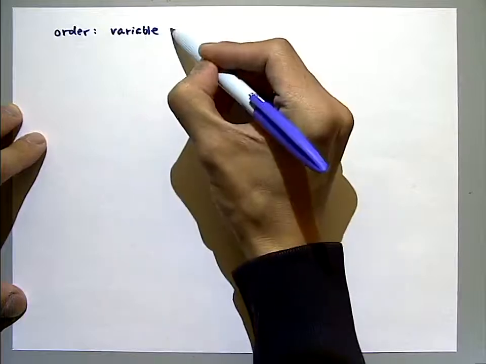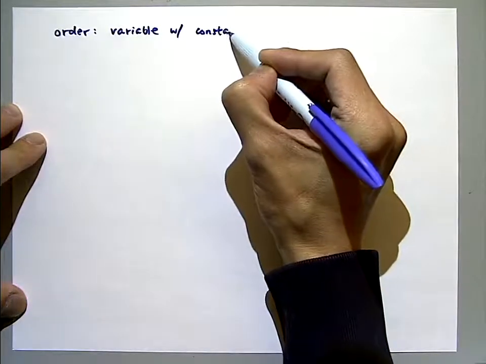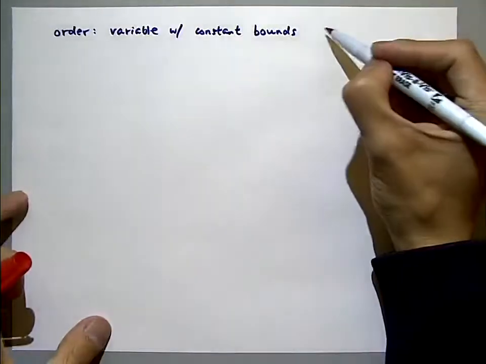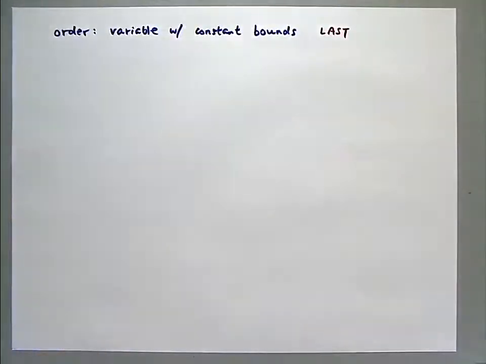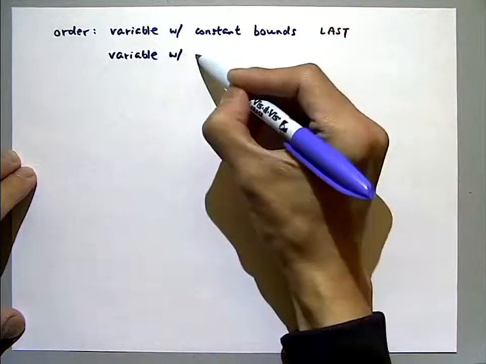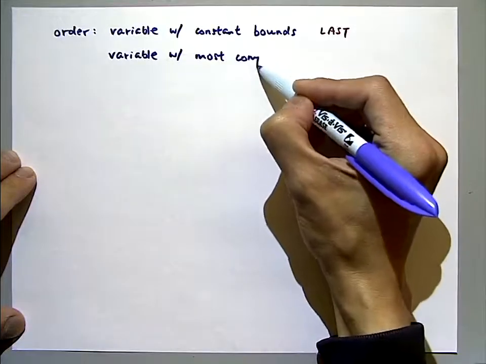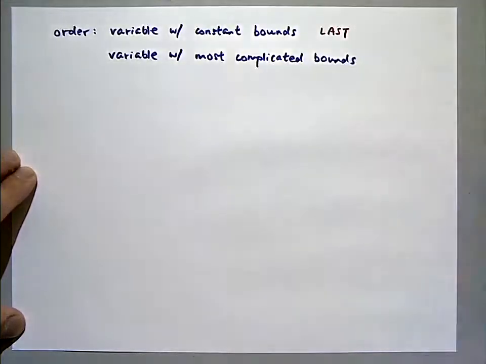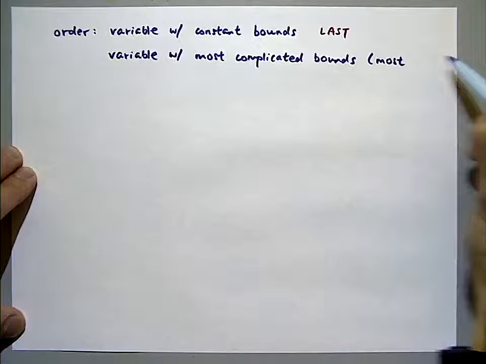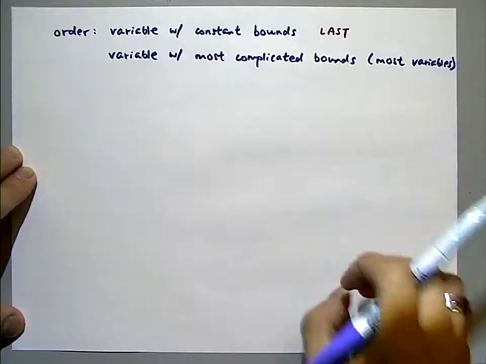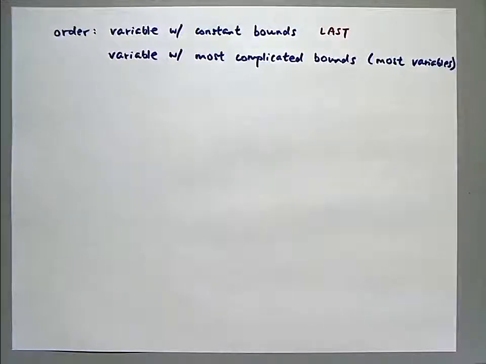Okay, so the variable with constant bounds has to happen last. The variable with the most complicated bounds, often that's the bounds that contain the most number of variables.